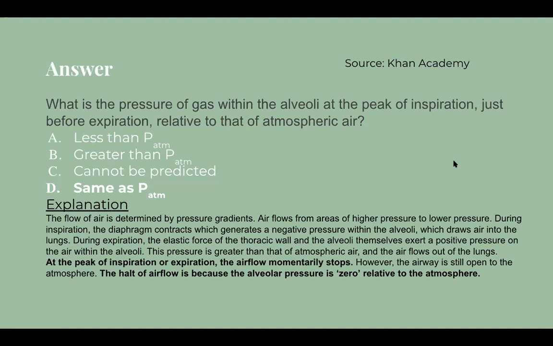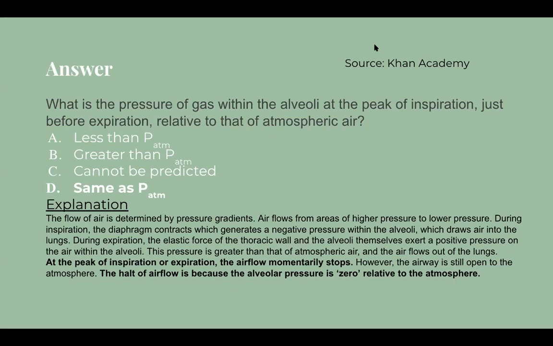This is a bit tricky because what happens at the peak of inspiration or expiration, which is the thing I have in bold right here, is that airflow basically stops. And it stops because the pressure inside the lungs is approximately equal to that of the atmosphere. Once that pressure differential is gone at your peak of either inspiration or expiration, airflow stops.